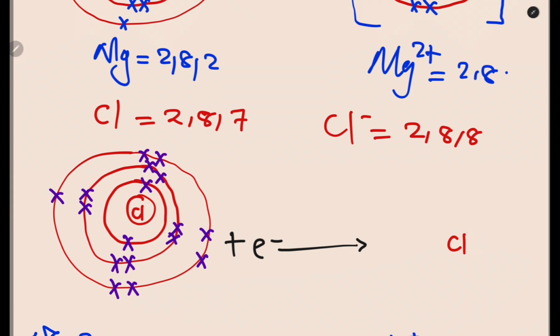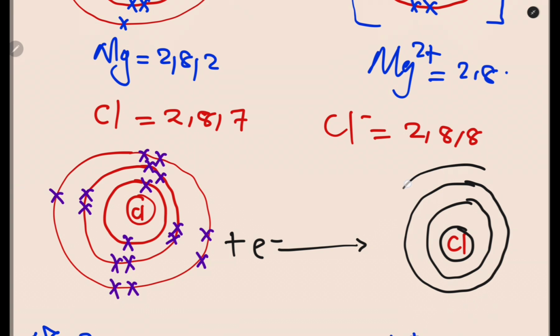Then it results into chlorine ion. The number of shells is maintained, so you're going to have the same number of shells. This is the nucleus. This is the first shell. This is the second shell. And this is the third shell. And please, if you are using crosses for electrons, don't change to dots here.